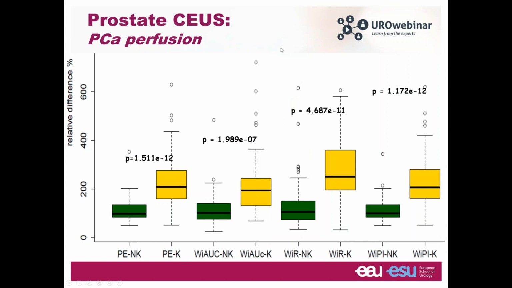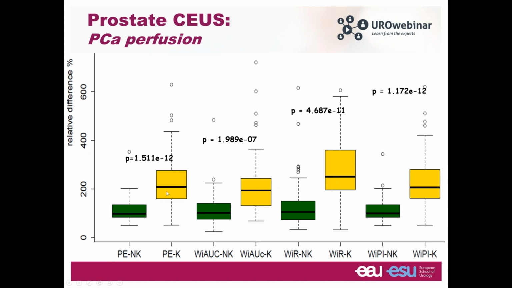So how much is prostate cancer perfusion increased? And here you can see from a study that we sent for publication that if we look at the peak enhancement of the non-cancer compared to the cancer nodules, you see that there's a major increase.